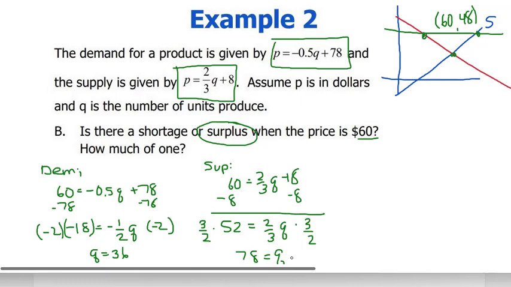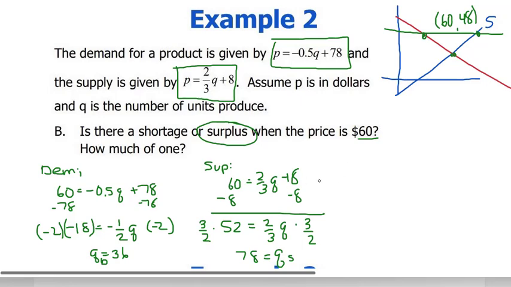So just so we can keep track of things, this is the quantity supplied, this is my quantity demanded. The last thing we need to do is figure out, is it really a surplus or did we think wrong and it's a shortage? But it looks like our quantity supplied, which is here, 78, is larger than that quantity demanded, and so it's definitely a surplus.